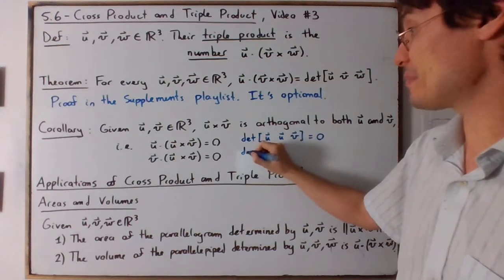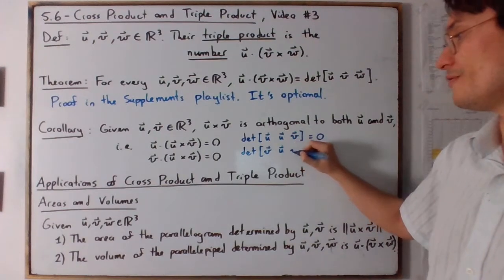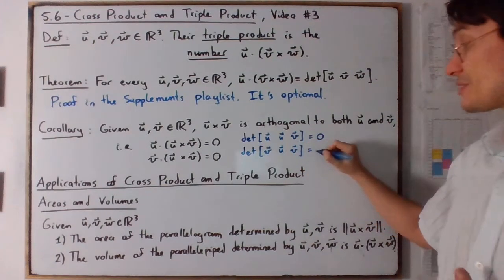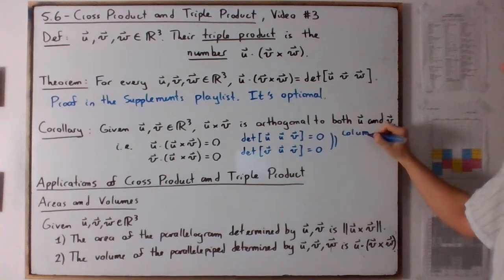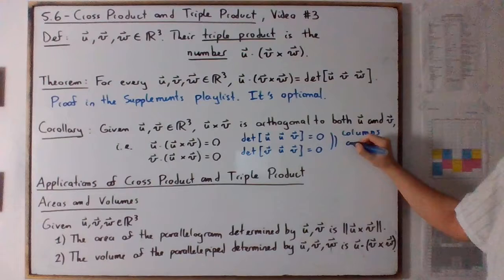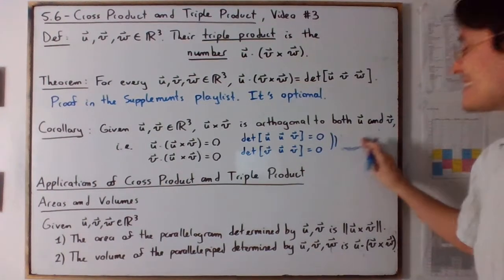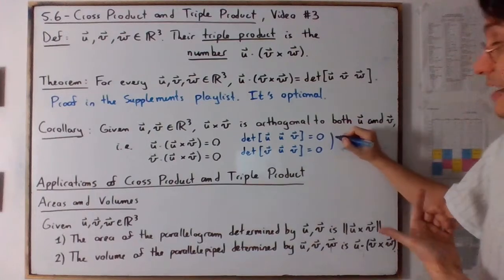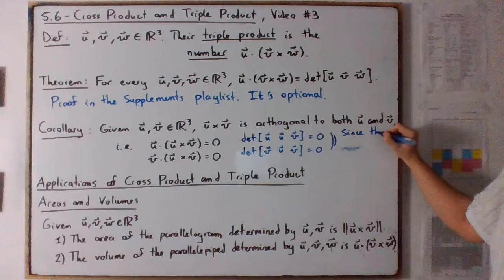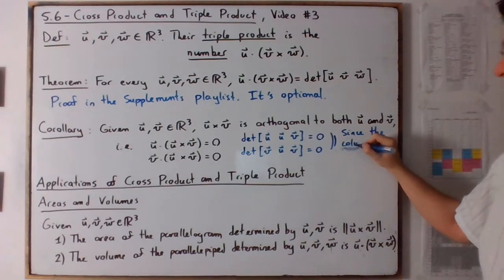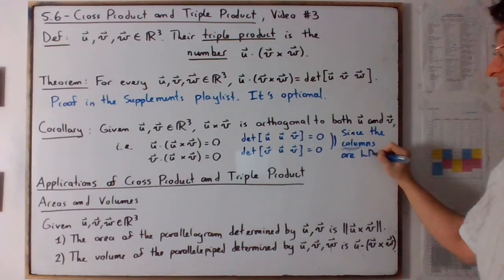And the same thing happens if you do v, u, v. So the determinant is also 0 because in both cases the columns are linearly dependent. That's how you get that the determinant is 0.